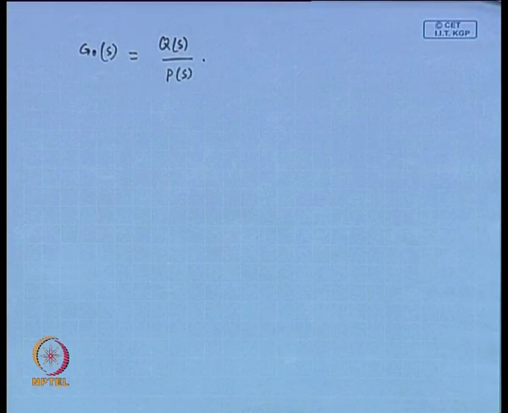If we represent the transfer function by this form, it is easy to analyze. Now, if there is a dead time, then how we can represent the overall transfer function by the ratio of two polynomials, that we will discuss next.